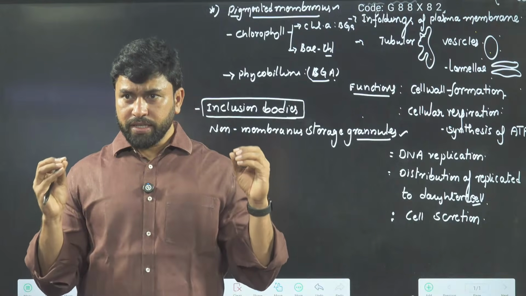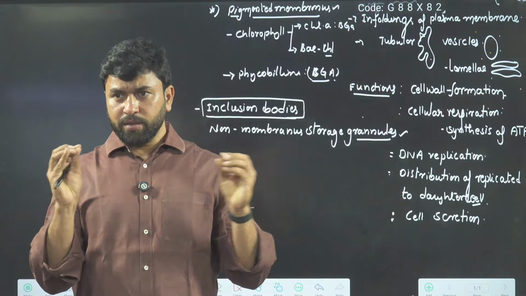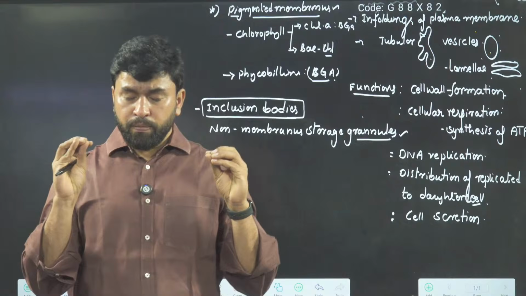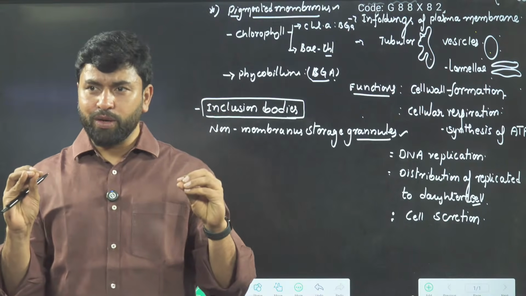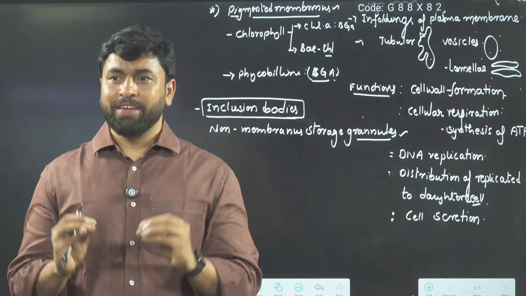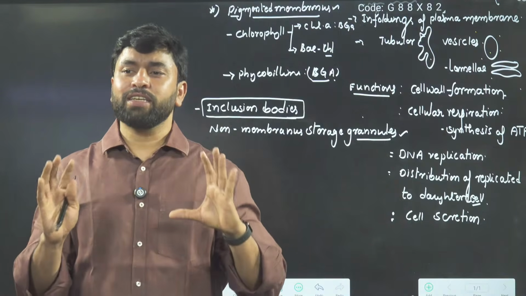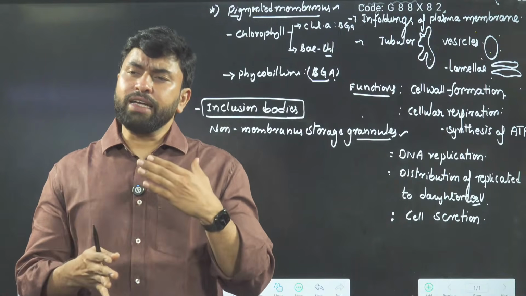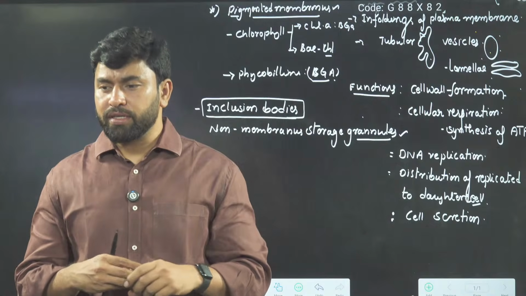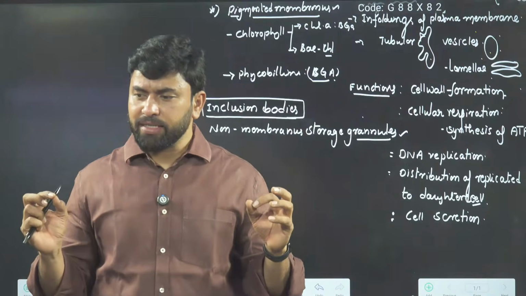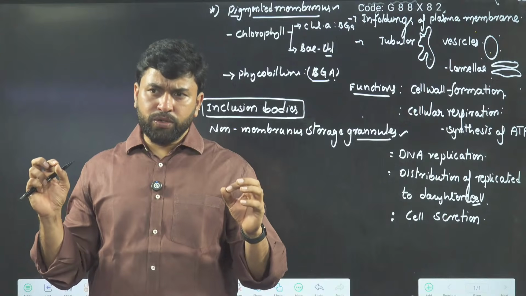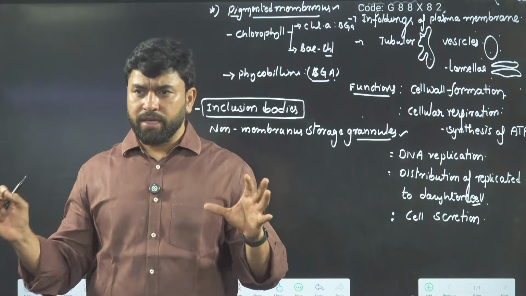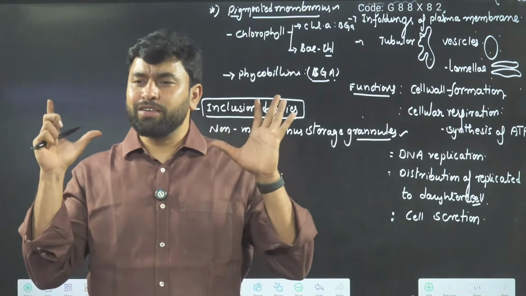You would see this statement in the NCERT book like this: something unique present in prokaryotic cells in the name of inclusion bodies. Something unique means this thing is slightly different from that of eukaryotic cells. If you come across a statement like inclusion bodies are exclusively present in prokaryotic cells, it is absolutely wrong.